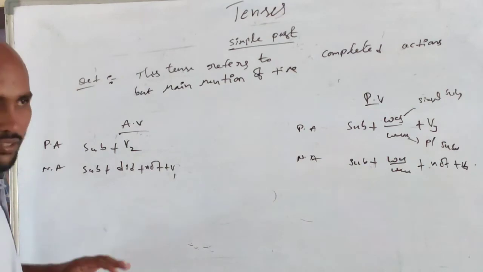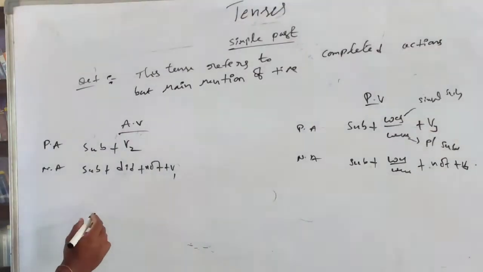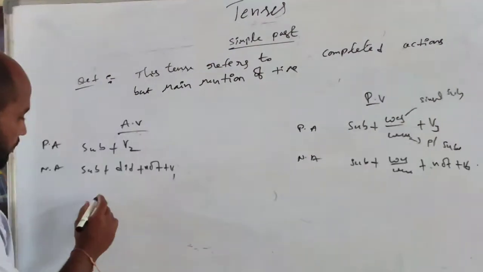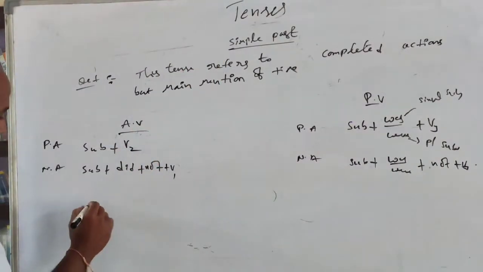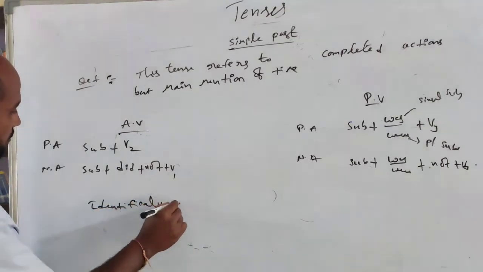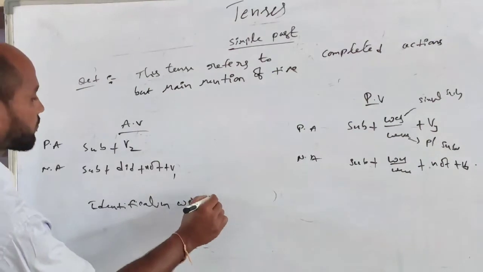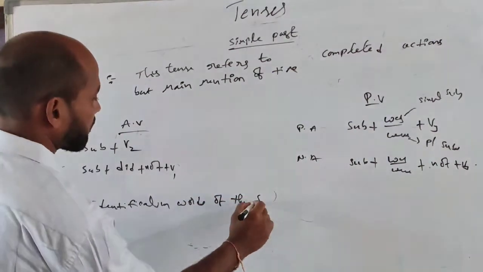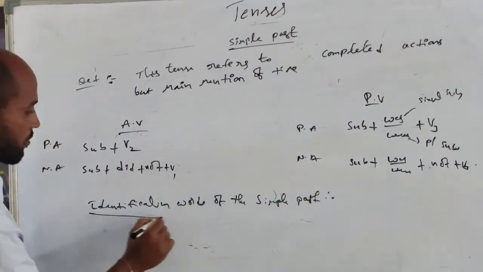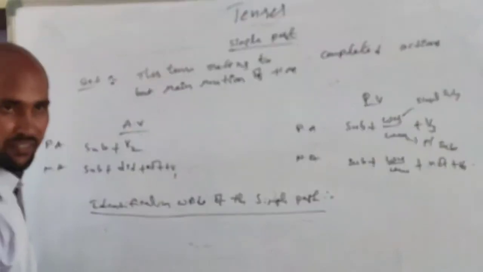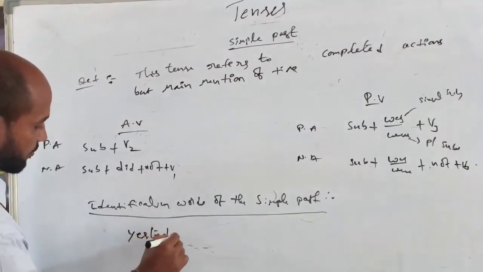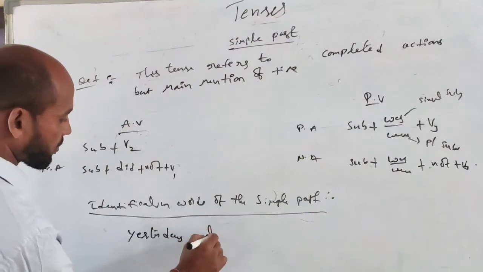And after the structures, we write the identification words of the simple past tense. First one is already completed. The first identification word is yesterday. Day before yesterday.